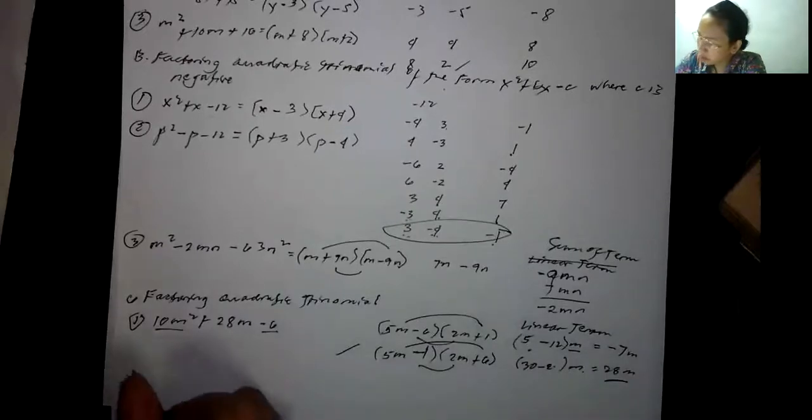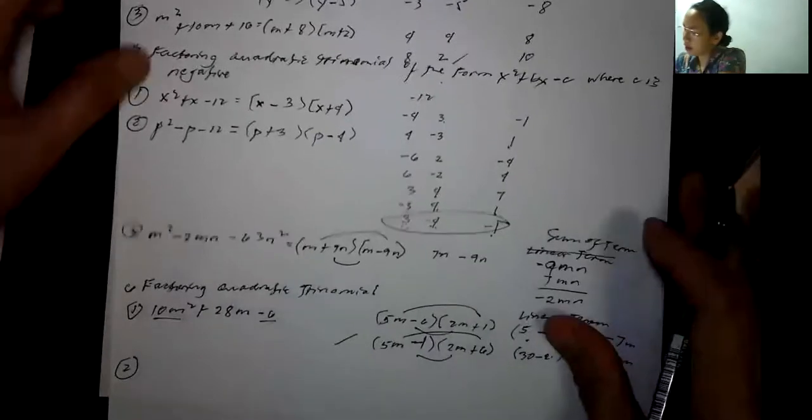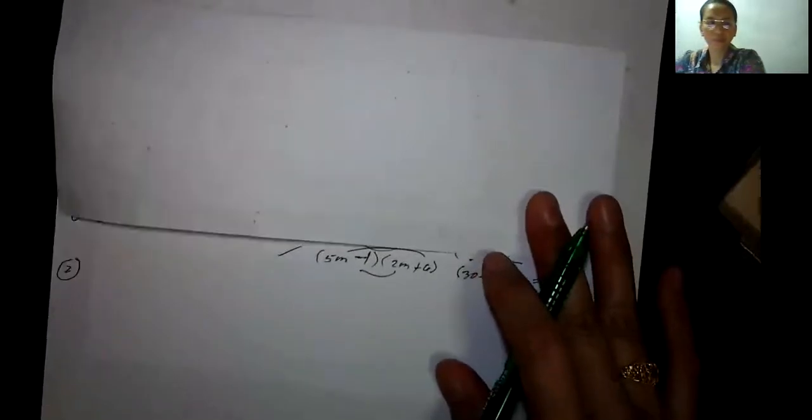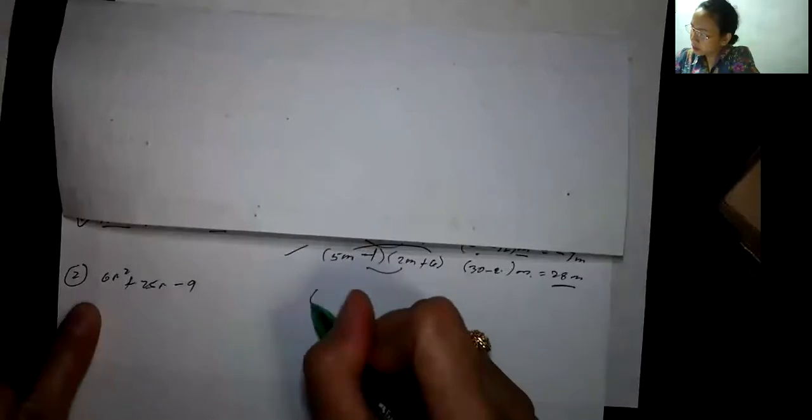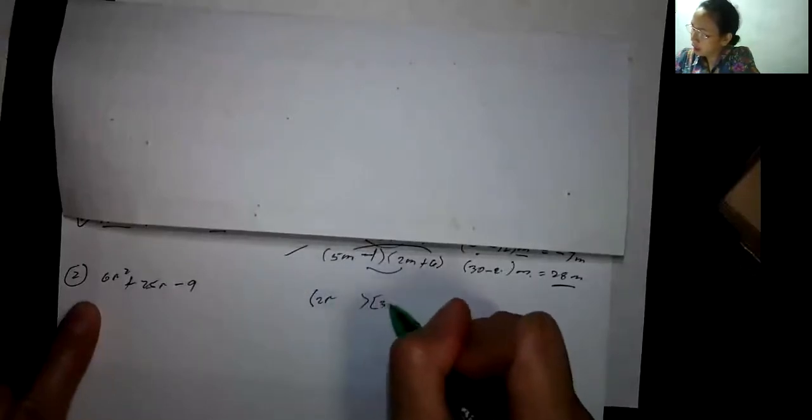Another example. Suppose we have here 6r squared plus 25r minus 9. So let us try factors of 6. That is 2r and then 3r.